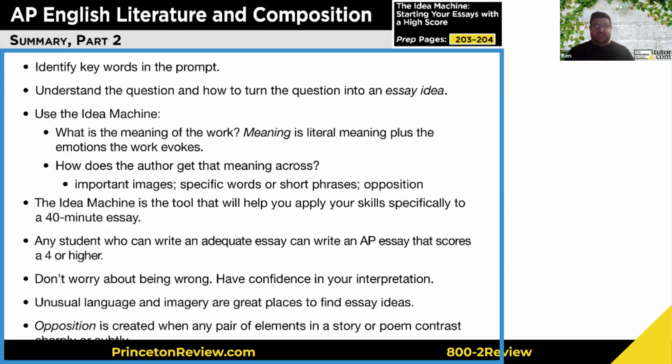Do they mention the opposition? These 2 questions, what does the work mean? So what is its topic plus any attitudes it has? And how does the author get that meaning across? These 2 things are always going to help you form an argument.